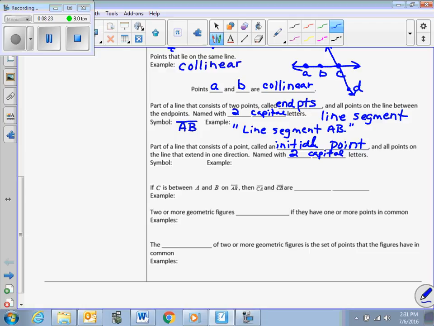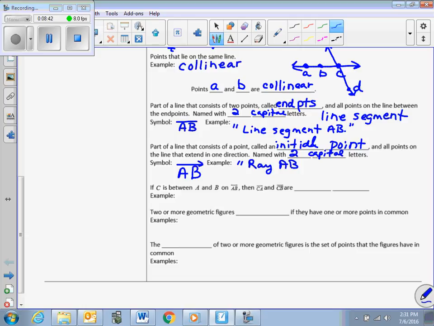Okay, and the symbol for a ray is like this. Actually, we don't put the little point on the end of the ray either. All right, so this would be ray AB, and we would say it like this, ray AB.